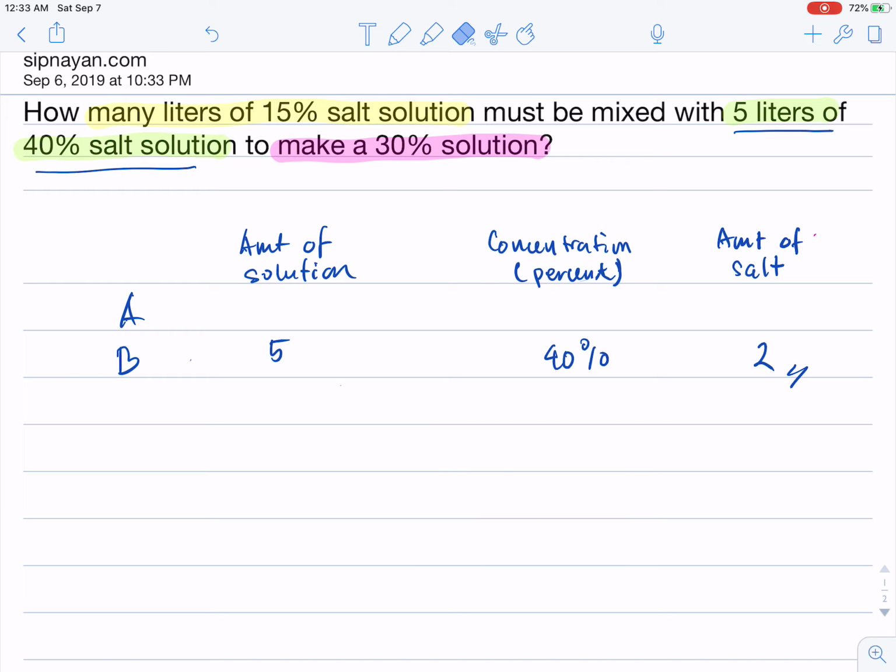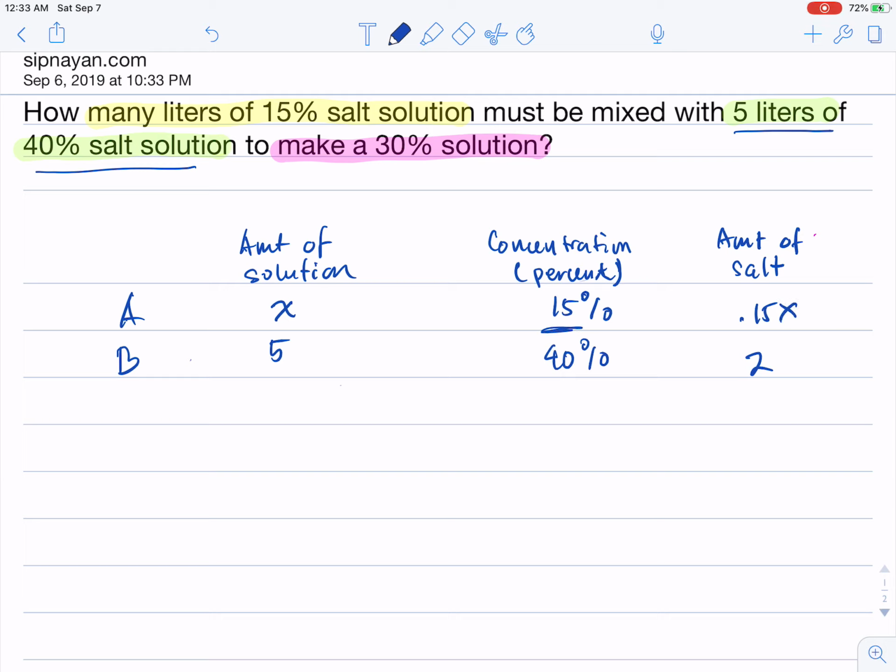Meron tayong 15% dito, di ba? Kasi 15% yung una, yung A. Pero wala tayong amount of solution, kasi yun yung hinahanap natin. So, pag minultiply naman natin sila, katulad ng ginawa natin dito sa 2, makuha din natin yung amount of pure salt niya, di ba? So, this is 2. And this is 0.15x.